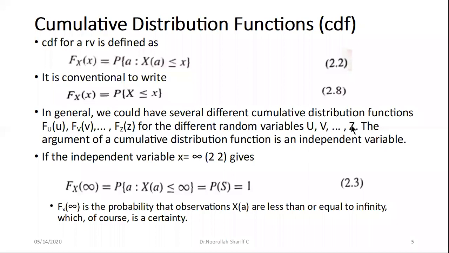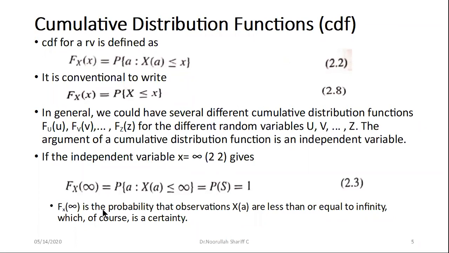These u, v, z are independent variables. So if the independent variable small x is equal to infinity, then that gives us, by 2.2, that this is equal to 1.